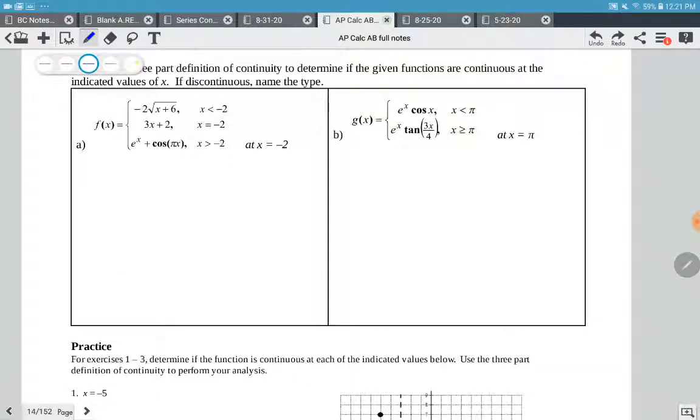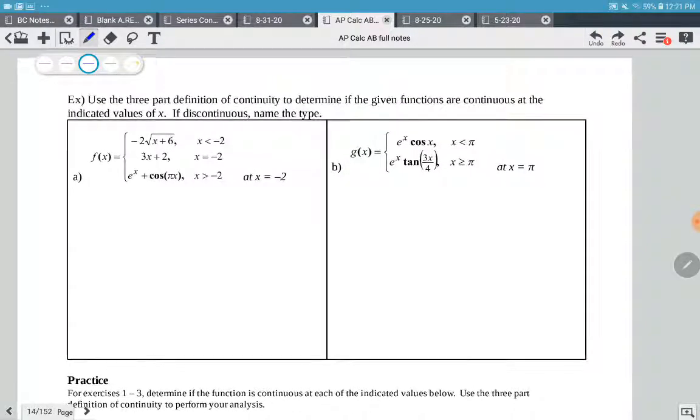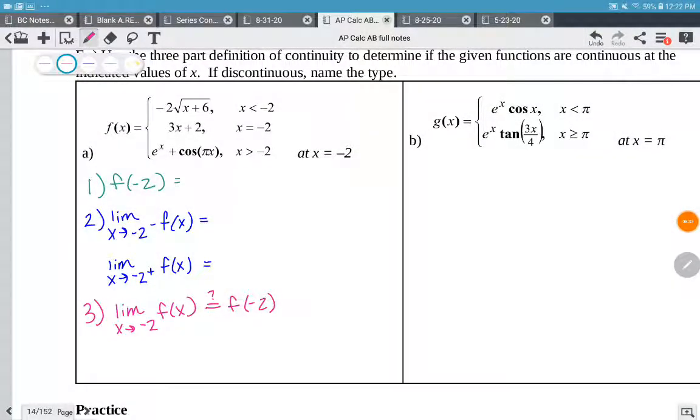Okay, so let's be a little bit more precise notationally here. It says use the 3-part definition of continuity to determine if the given functions are continuous at the indicated values of x. If discontinuous, name the type. Okay, so I wrote out the things that I'm looking for. First off, f of -2.